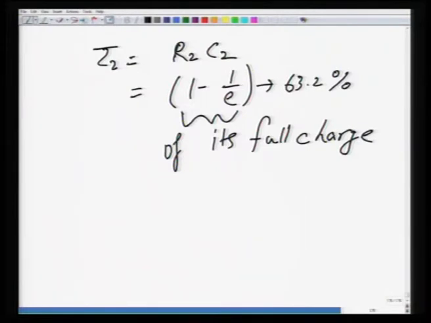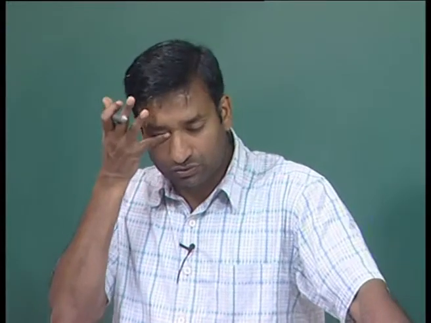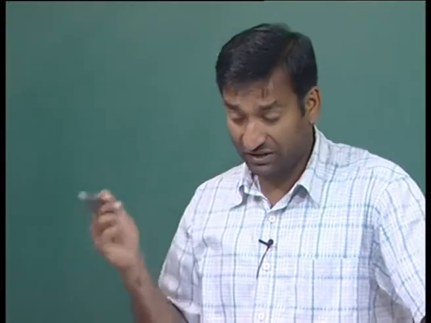Time tau 2 is the time needed to charge the capacitor C2 through resistor R2 to 63.2% of its full charge, or the time needed to bring the voltage down from V naught to V naught divided by e, which means discharging the capacitor to 36.8% of its initial value.